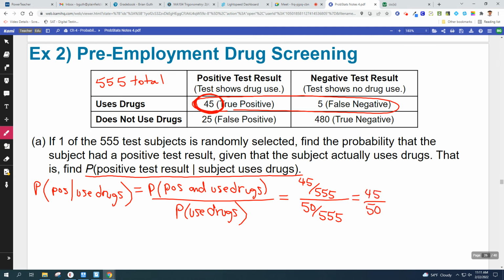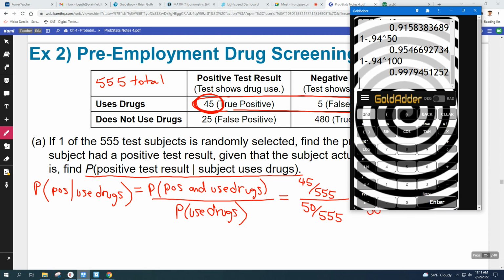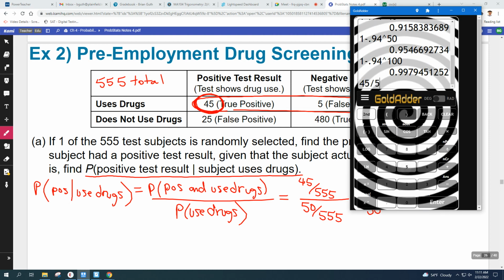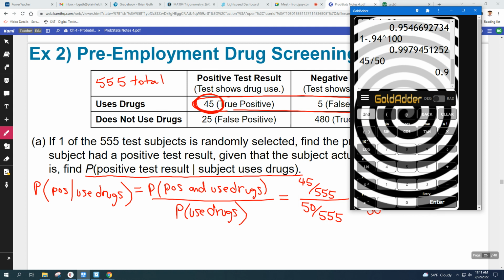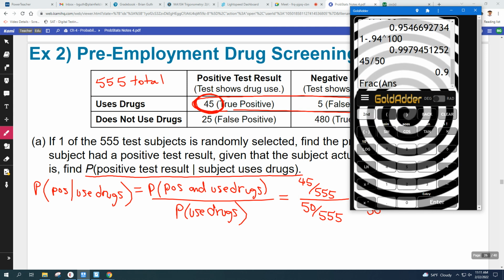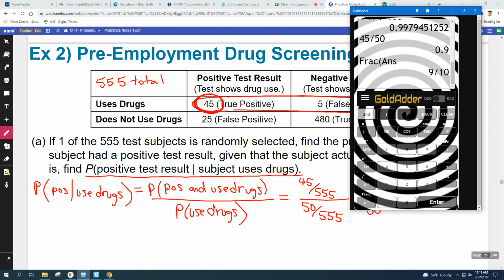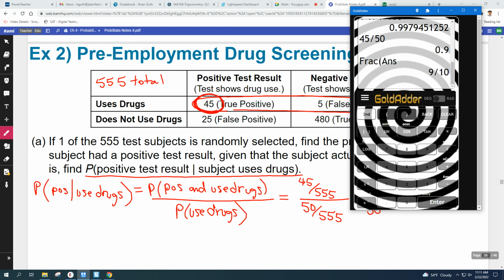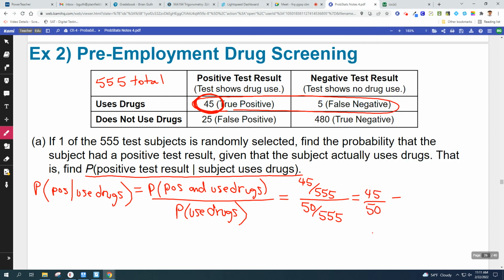You can reduce that fraction if you want, or you can type that in on a calculator if you want. Nine-tenths. Okay. Probability that a person tests positive given that they use drugs is 0.9.